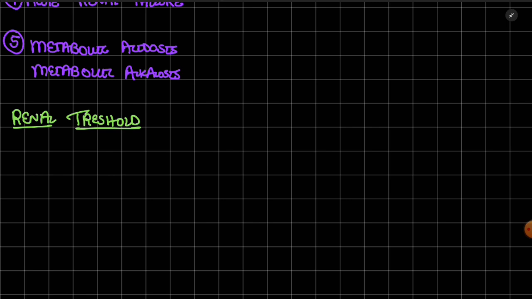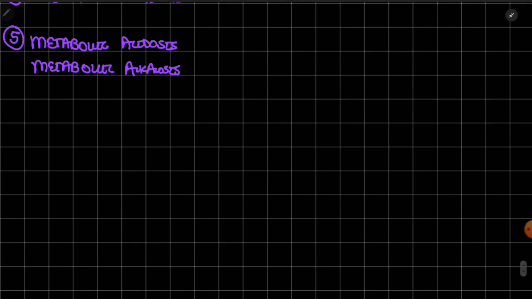If those values are exceeded, the substance can appear in urine. Better we put the heading transport maximum. If there is active reabsorption or secretion of a substance, there is a limit to the rate at which the solute can be transported, which is often referred to as transport maximum.